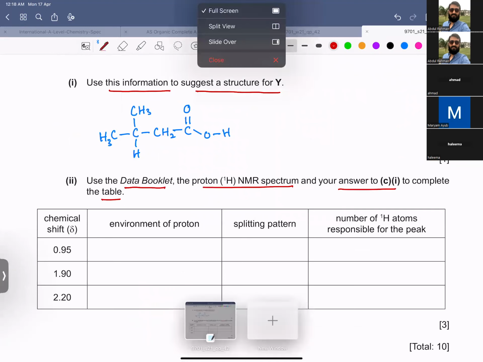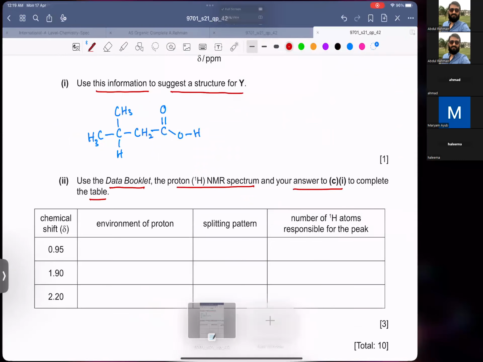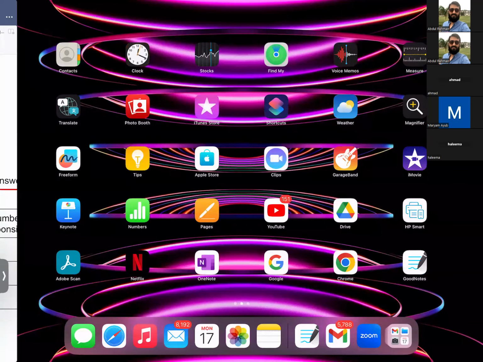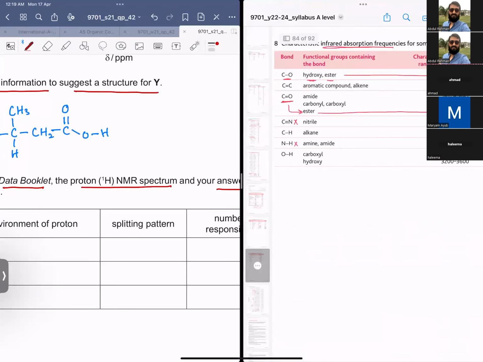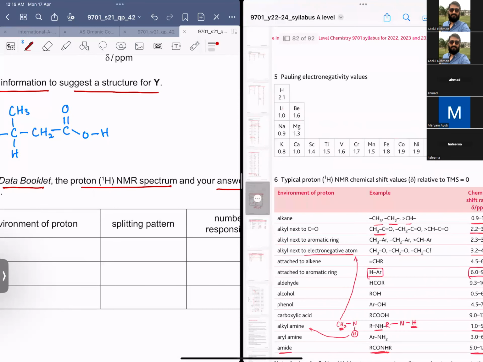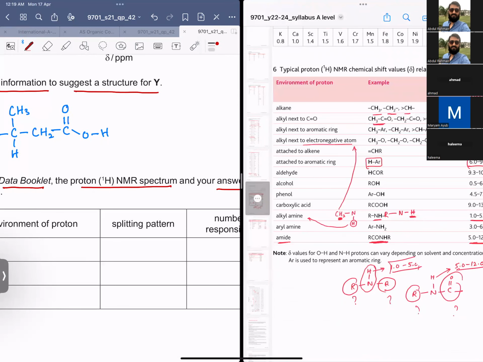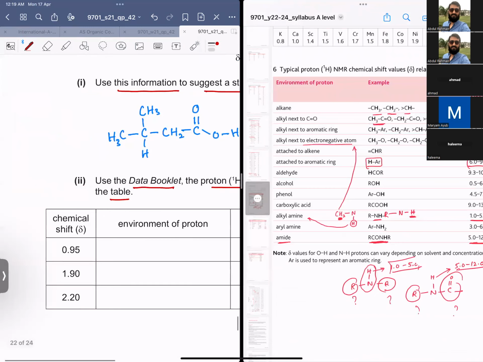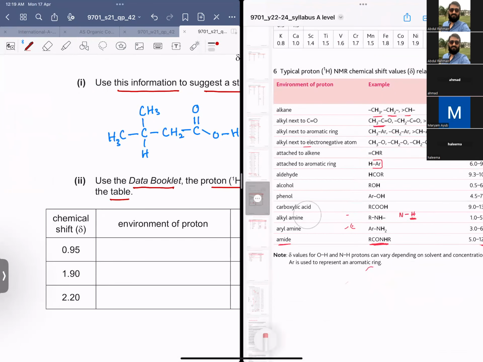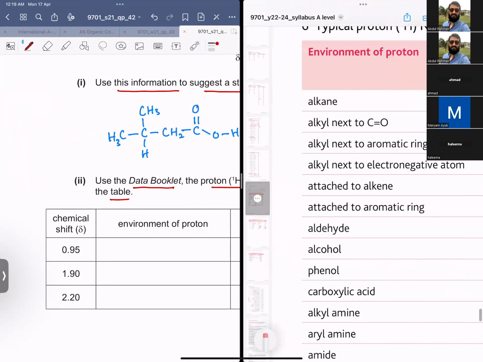So see, we have a first chemical shift at 0.95, right?